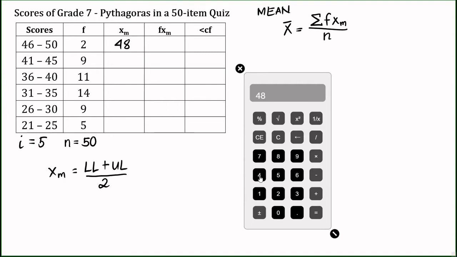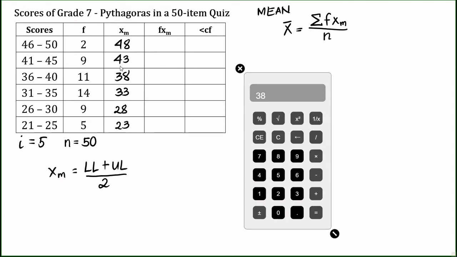So, 48 minus 5 is 43. So, yun po ang sunod. And then, minus 5 ulit is 38. And then, minus 5 ulit, ang makukuha natin dito ay 33. Minus 5 is 28. And then, minus 5 is 23.